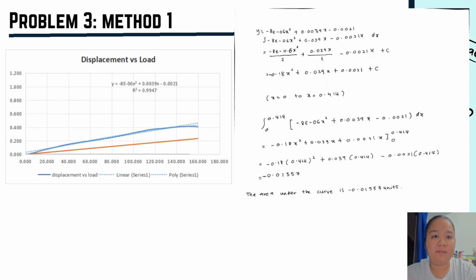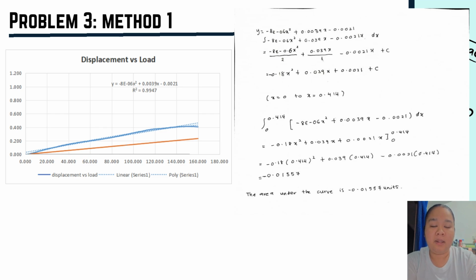For method 1, y equals negative 8e minus 06 x to the power of 2 plus 0.0039x minus 0.0021.